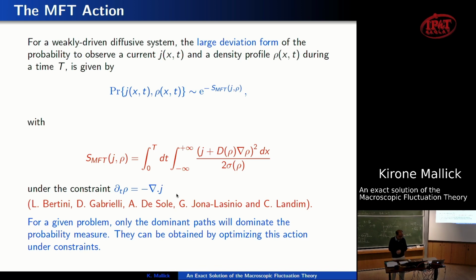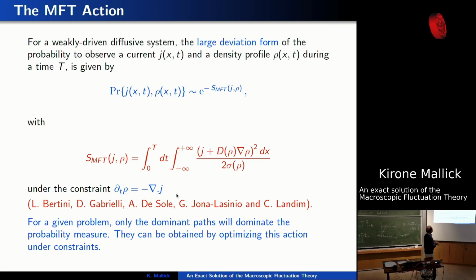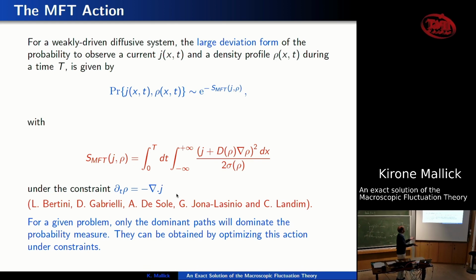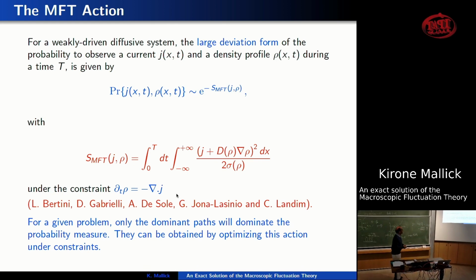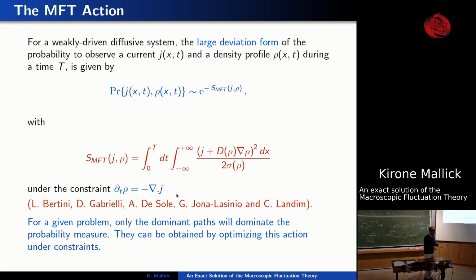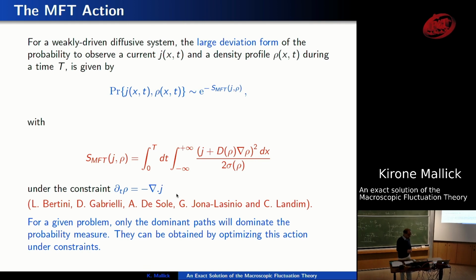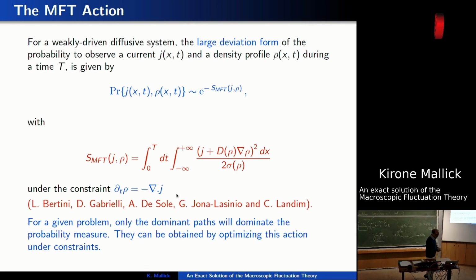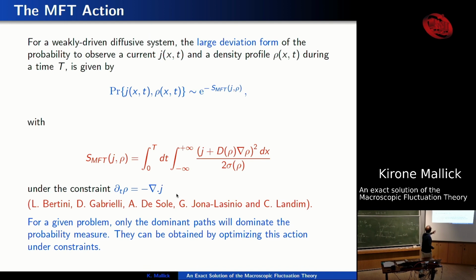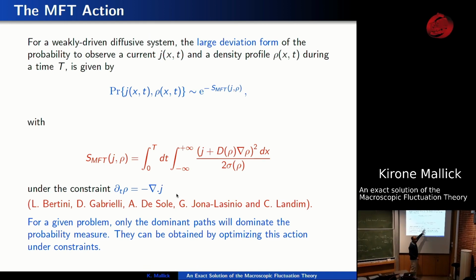Now the goal is quite simple, because typically if I want to solve a given problem, I have to look at the dominant parts of the path integral and try to compute things with them. So what I have to do is solve the Euler-Lagrange equations associated with this variational problem.